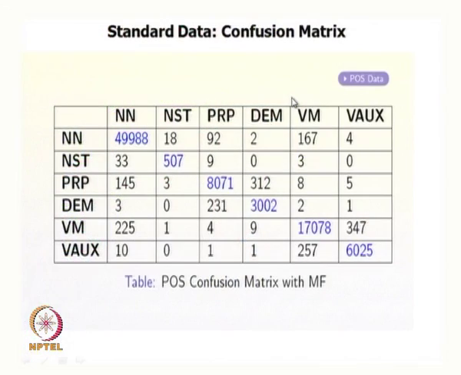We look at the table once again and we find that the demonstrative and pronoun can be quite easily confused. If you look at the PRP row, the pronoun row, the pronoun has been tagged 145 times as noun, 3 times as NST, and 8071 times as PRP, that means it got its own tag 8071 times.